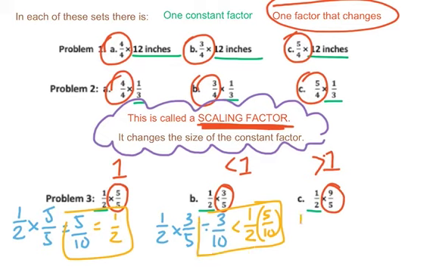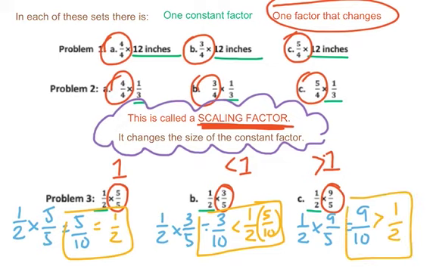And then finally we have 1/2 times 9/5. Well, that would be 9/10. And 9/10 is greater than 1/2. So you know that your scaling factor changes the size of the constant factor, and it impacts the product.